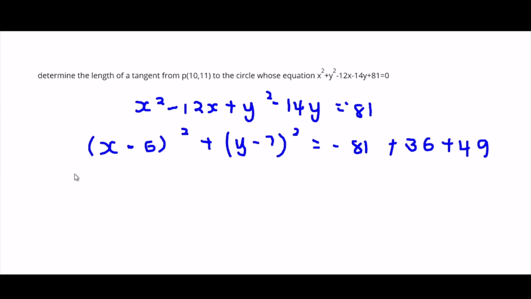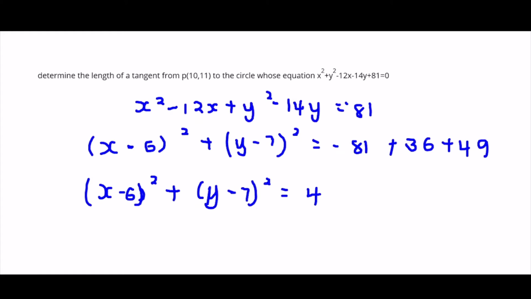So we're going to be left with (x - 6) squared plus (y - 7) squared equals negative 81 plus 85, which is 4.